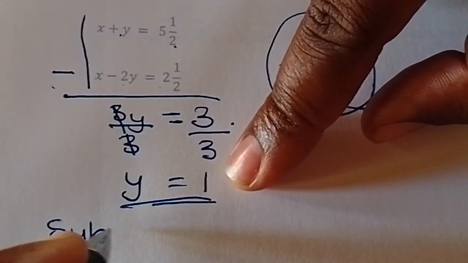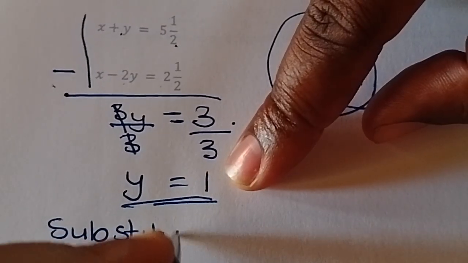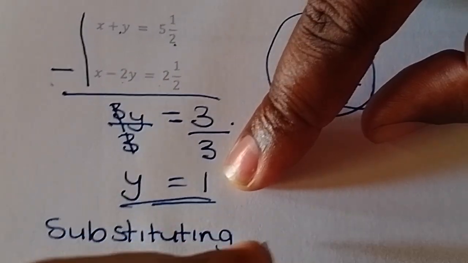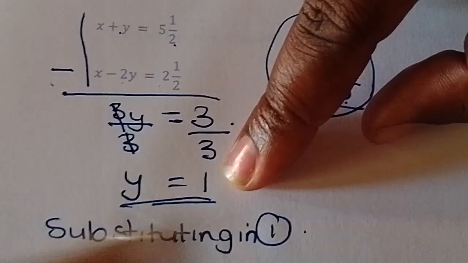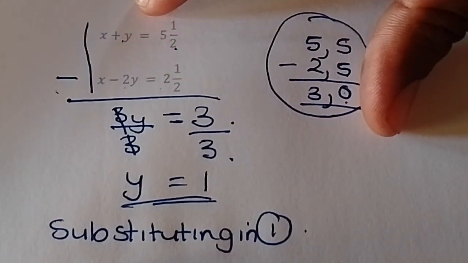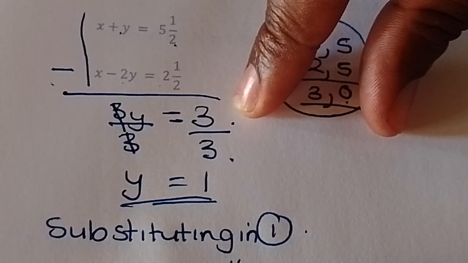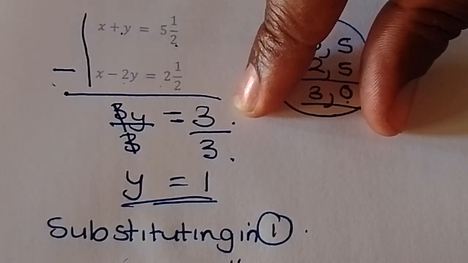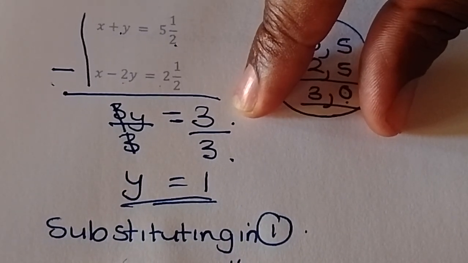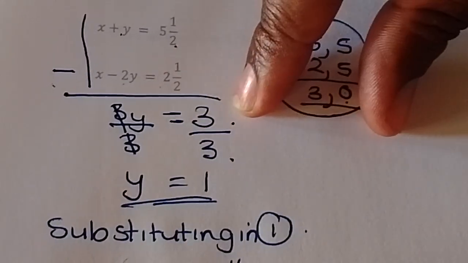Substitute this y in equation 1. We now have x plus our y, which is 1, is equal to 5½. Bring this to this side. X is equal to 5½ minus 1.